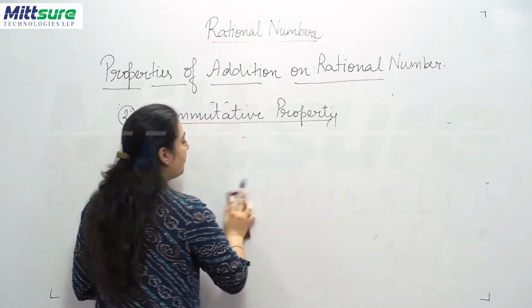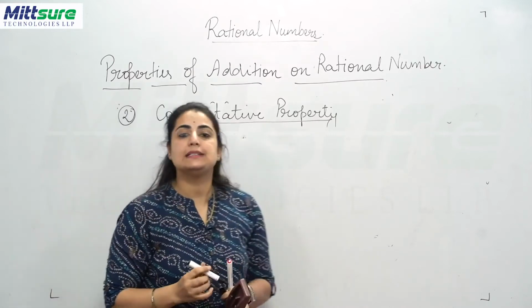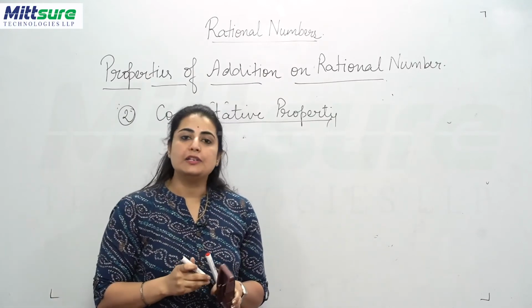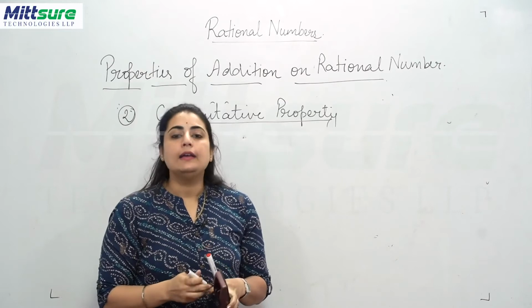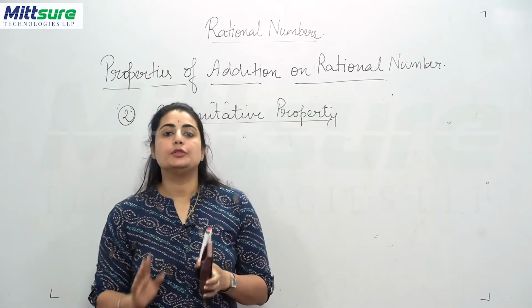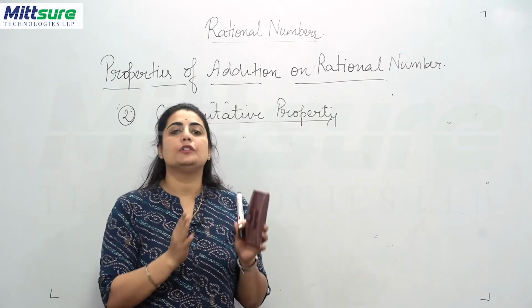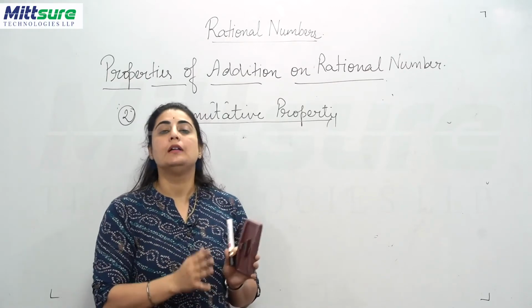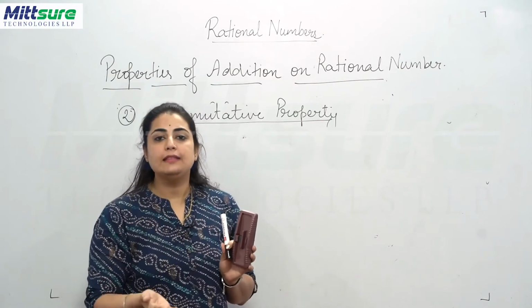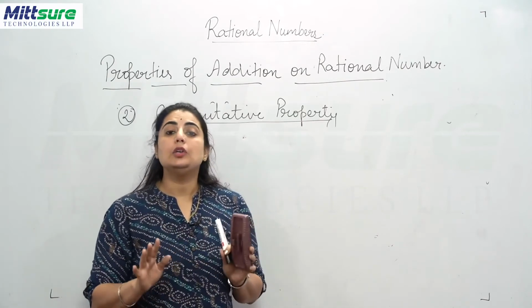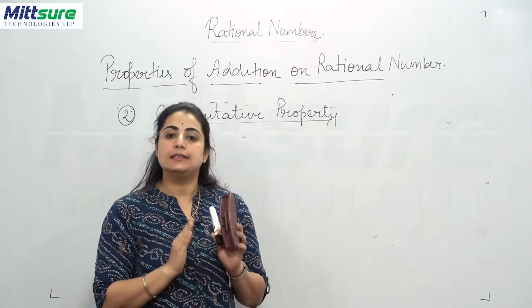The commutative property of rational numbers says whenever two rational numbers are added, it doesn't make any difference to the sum if we interchange their places. If suppose you have kept the first rational number at the first position and then the other one, then there will be no difference in the sum.